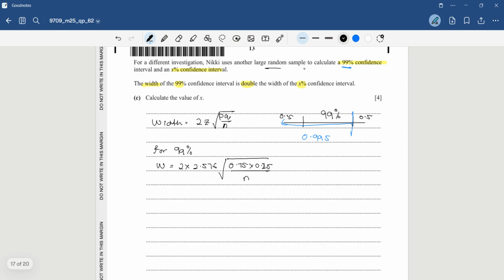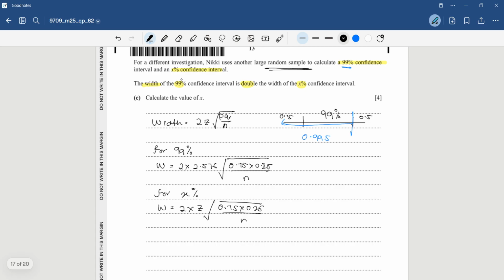They say just a large random sample, that's it. Similarly for X percentage, the width is going to be 2 times z, I don't know the z score because I don't know the percentage here, so I just maintain it as z. But this thing remains the same, 0.75 times 0.25 over n.